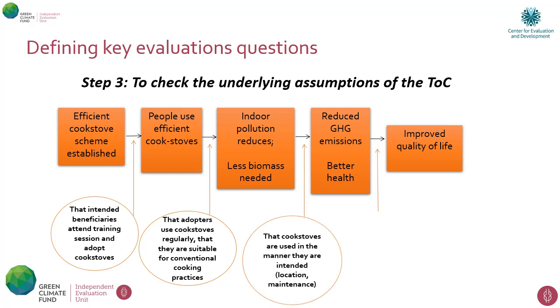In terms of the link between initial outcomes and intermediary outcomes, we need to assess whether cook stoves are used in the manner they're intended for in terms of location and maintenance. And in terms of the link between intermediate outcomes and impact, we need to assess whether improvements in health to contribute to an improved quality of life are not undermined by other risky health behaviour.